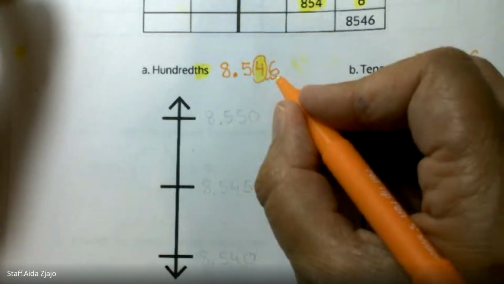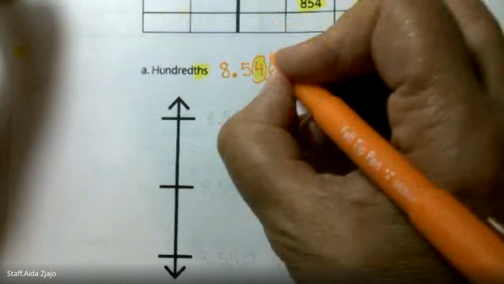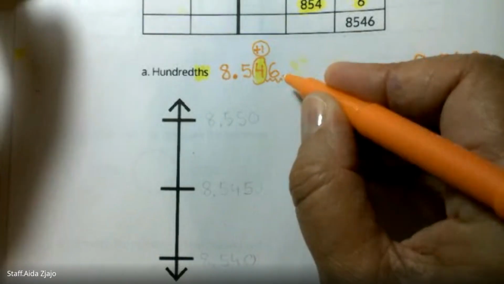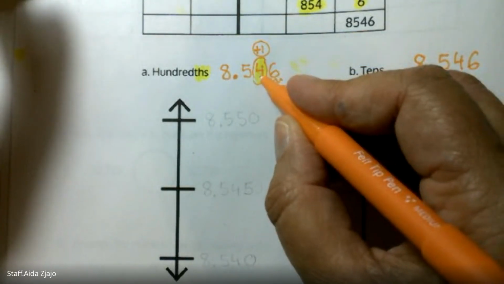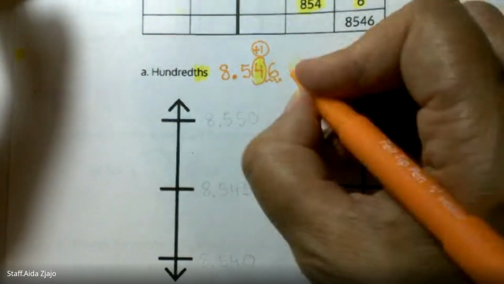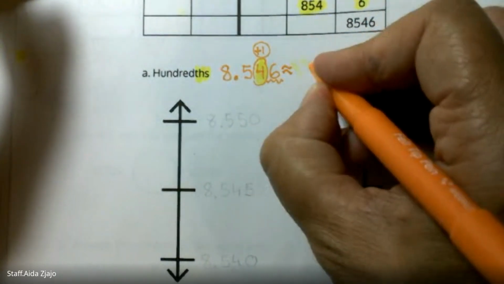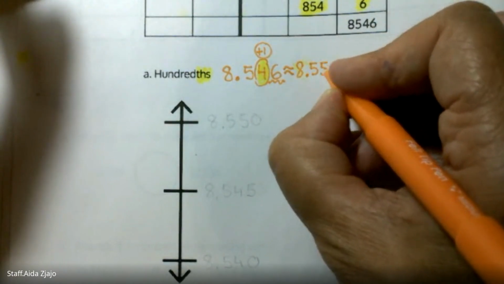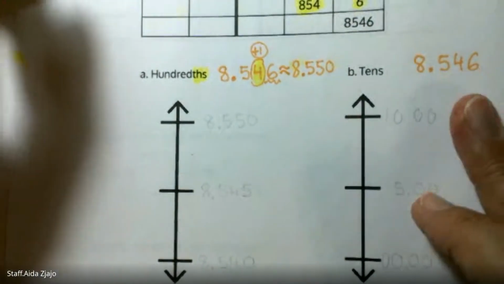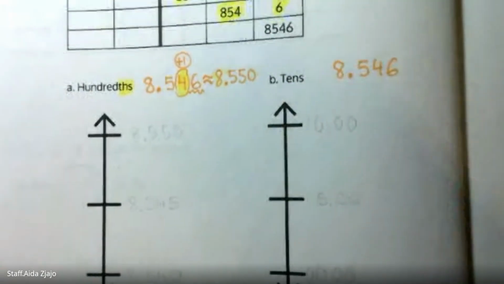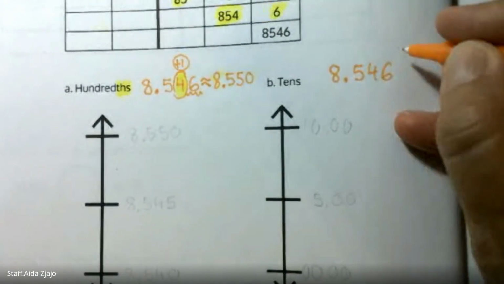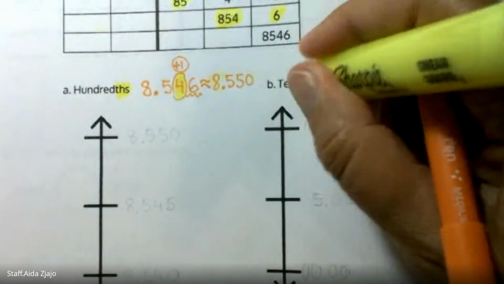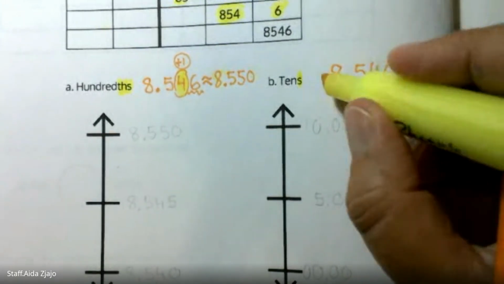So when we have 600, we can round and add one more. Because we have 6 thousandths, they can make one more hundredth. So our rounding is going to be 8 wholes and 550 thousandths.